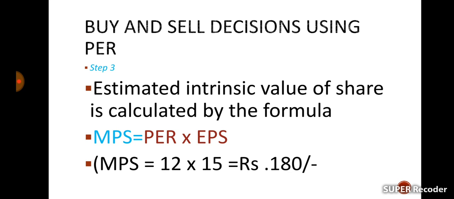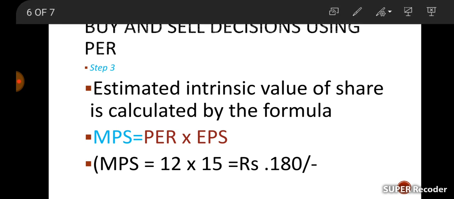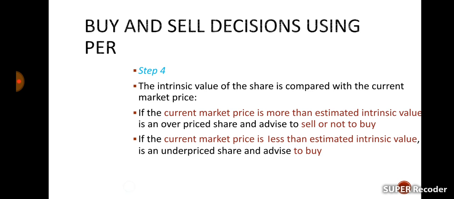Now we need to take the decision. For that, we compare the intrinsic value that we calculated with the current market price. If the current market price is more than the estimated intrinsic value, that means the price is more than the value of the share, so it is an overpriced share.